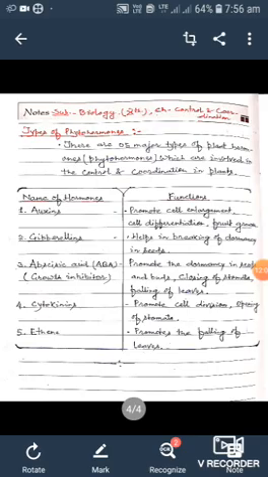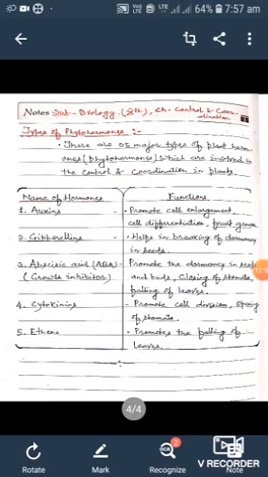It means they start to germinate. Third is abscisic acid, short form ABA. It is also known as a growth inhibitor. It helps to promote dormancy in seeds and buds, closing of stomata and falling of leaves.